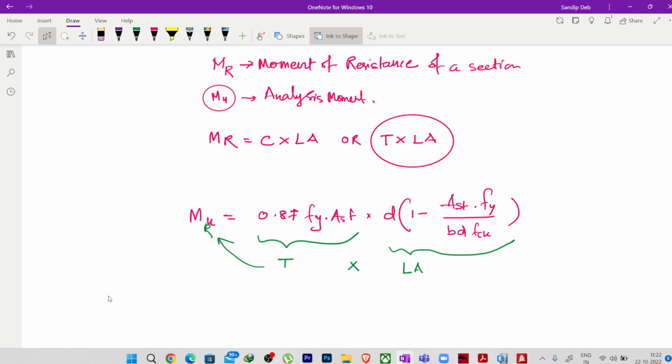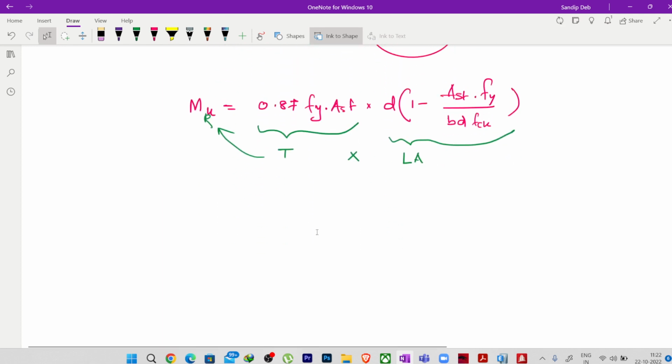Okay, so from this formula we can find out why it is given in the code: the lever arm we can get from the 0.87 Fy values, and the BD FCK values we can get. So ultimately we are going to find this Mu also, right? So why have they written Mu? Because we are not finding the whole moment of resistance, right?